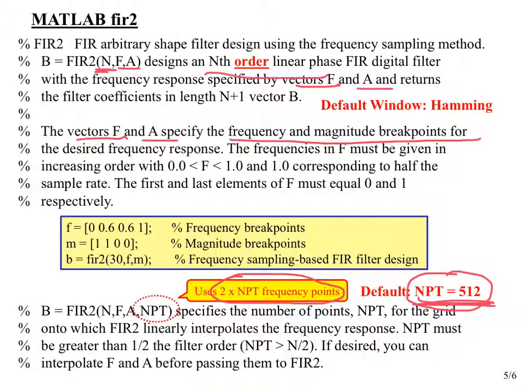So it uses these to get 512 equally spaced points between 0 and 1, or the equivalent 0 and pi. Then it does the inverse DFT back into the time domain and applies an appropriate window. There is a way to specify the window. The default window is the Hamming, and if you want more details on how this all works, you can ask for help within MATLAB, but it's pretty straightforward to call this, at least using the default characteristics.